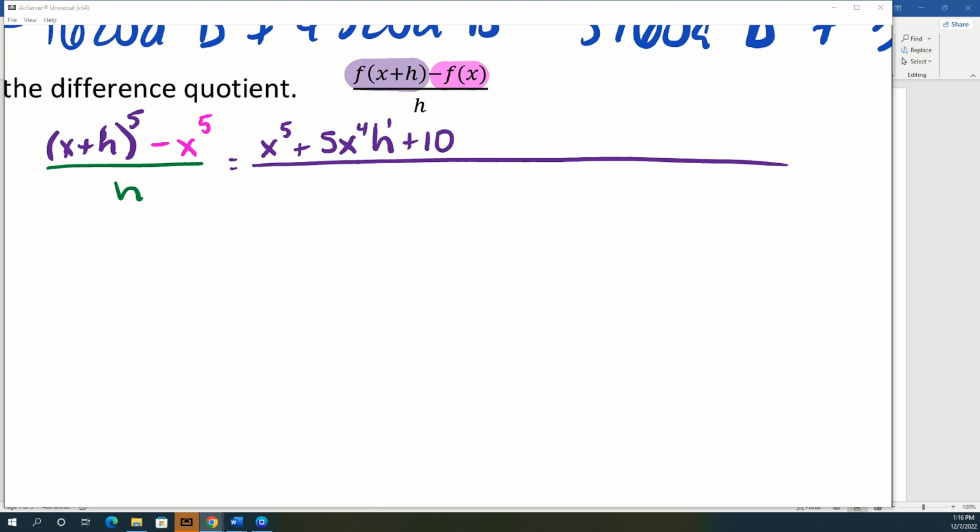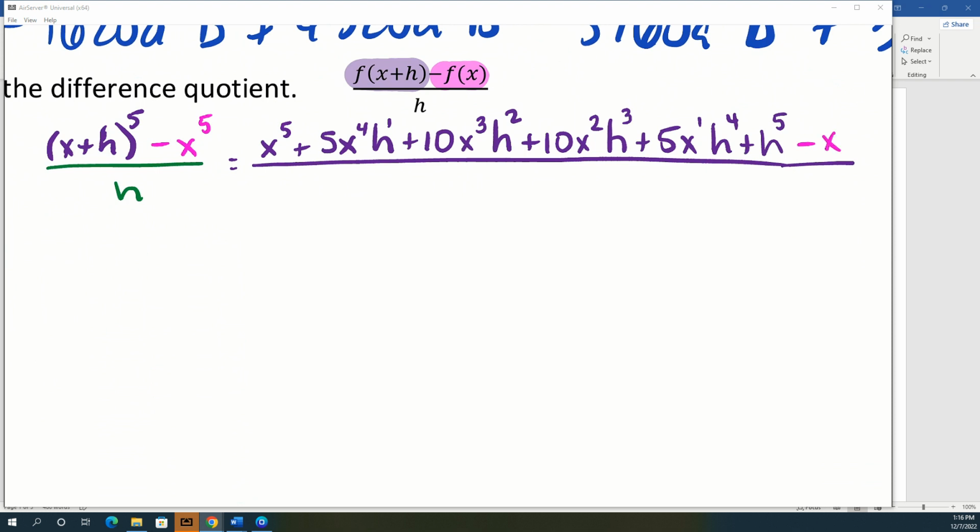And then plus 10 from Pascal's triangle, x to the third, h to the second, plus another 10 from Pascal's triangle, x power goes down, h power goes up. And then 5, x power goes down, h power goes up, and then it would be 1h to the fifth.